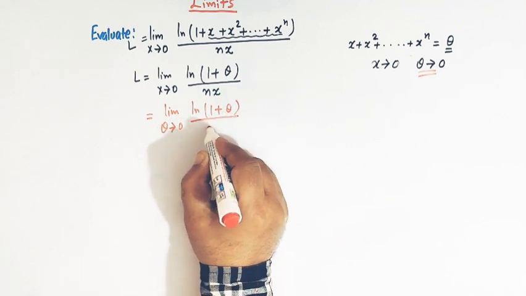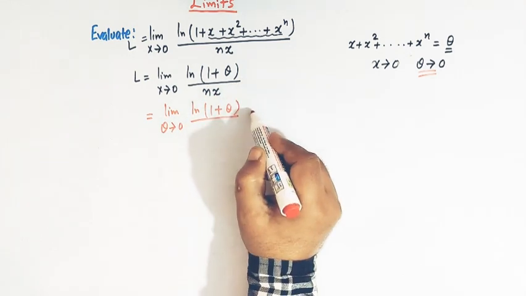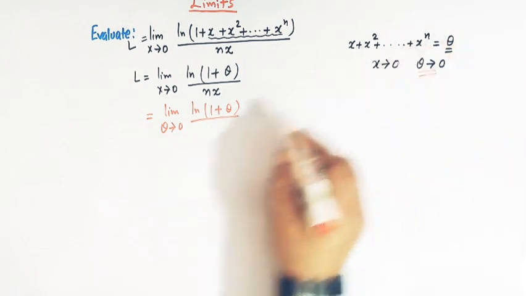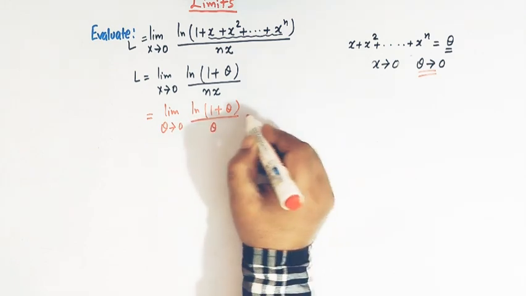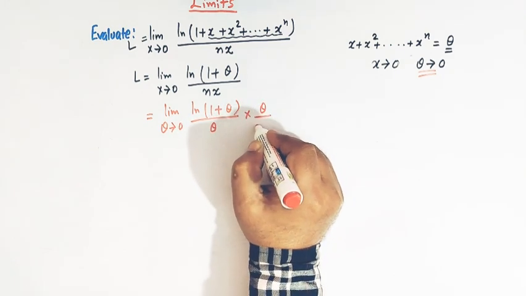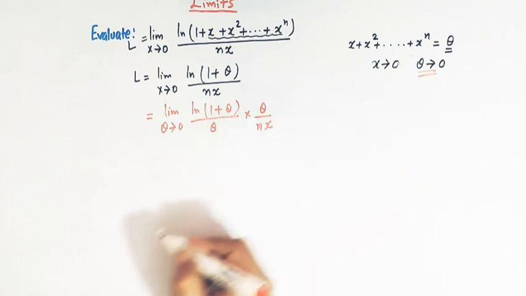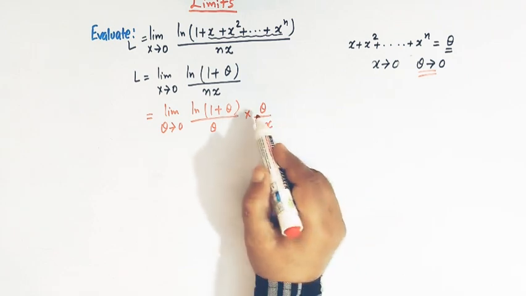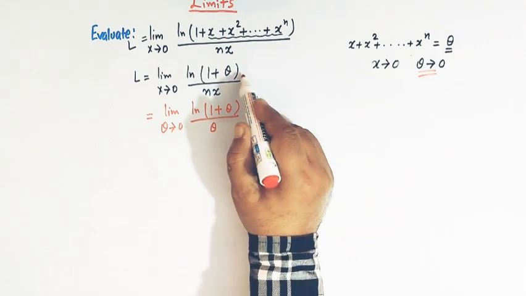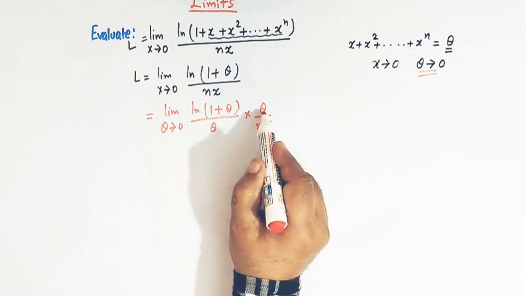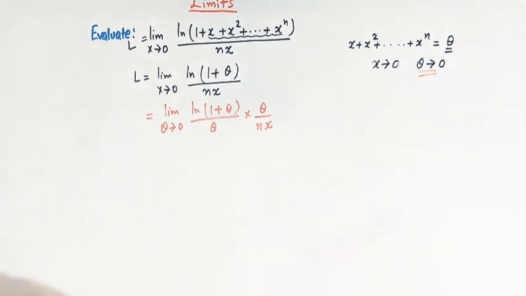So let us multiply the numerator and denominator by this term theta. Here we write theta, then here we write theta, and in the denominator we have nx. So here theta and theta get cancelled. What we have done is multiply the numerator and denominator by theta.